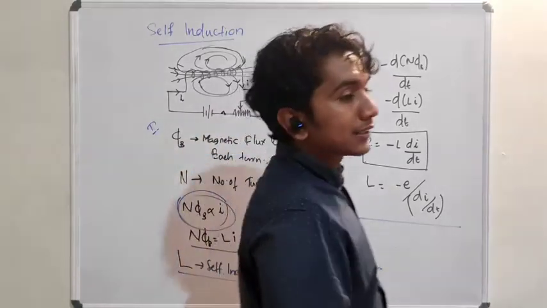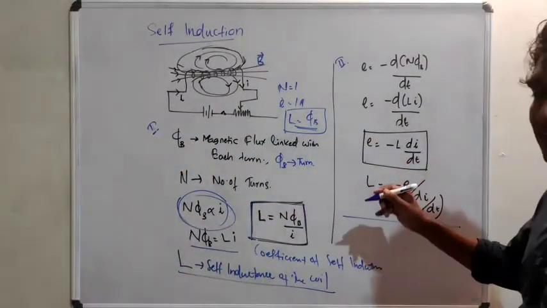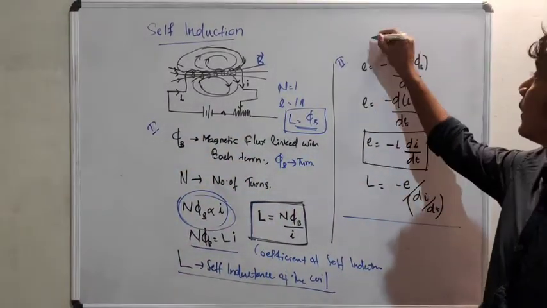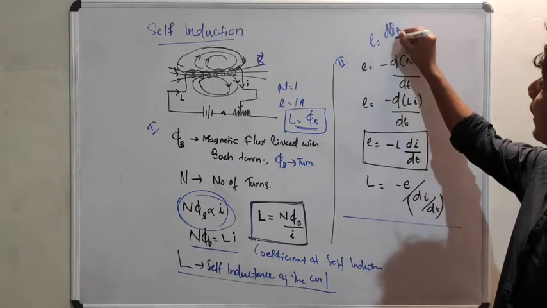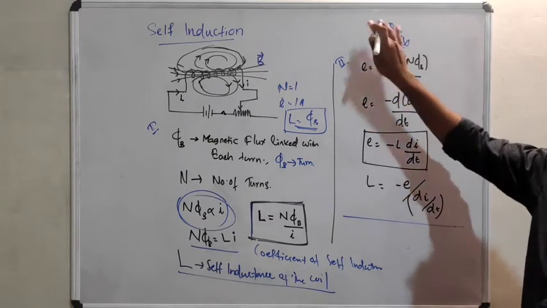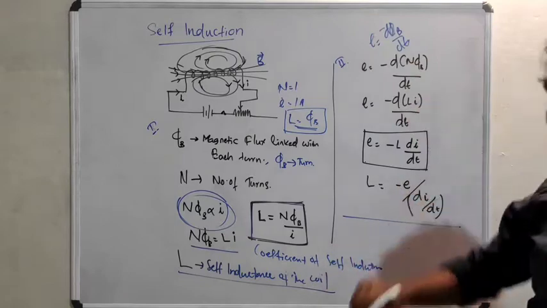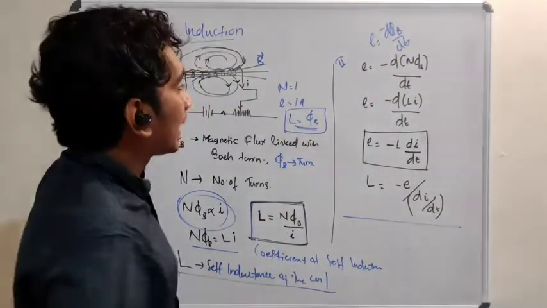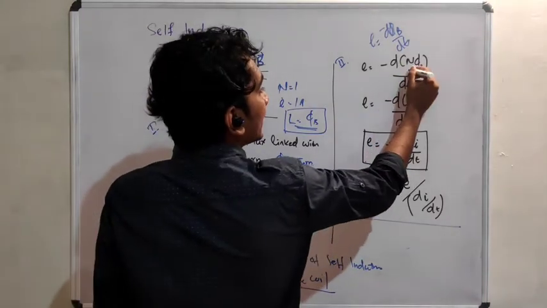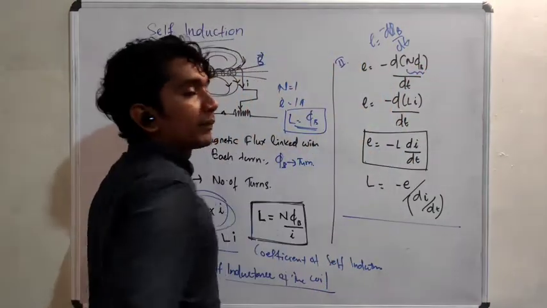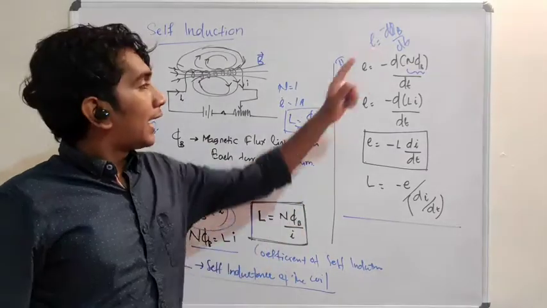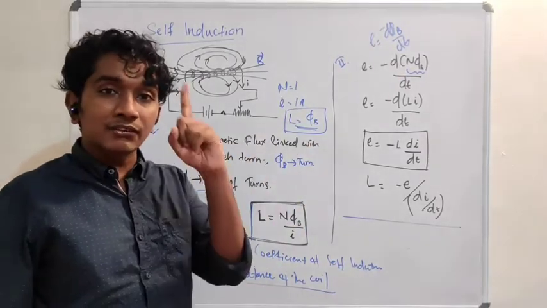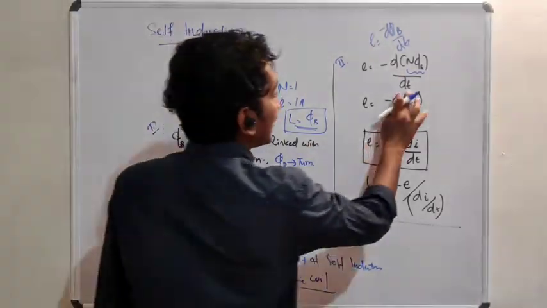Let's come back to Faraday's equation. E is equal to d phi b divided by dt, and using Lenz's law we have to add a minus sign, so E is equal to minus d phi b divided by dt. What is phi b here? It is N into phi b, because N is the total number of turns and phi b is the flux linked with one turn, divided by dt.